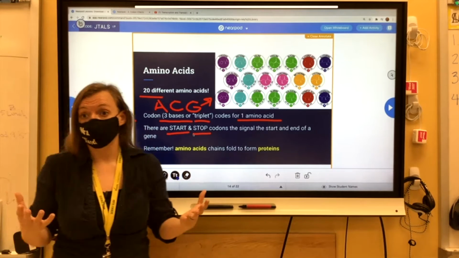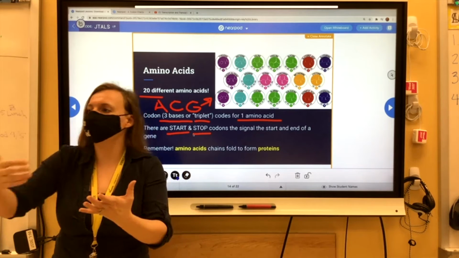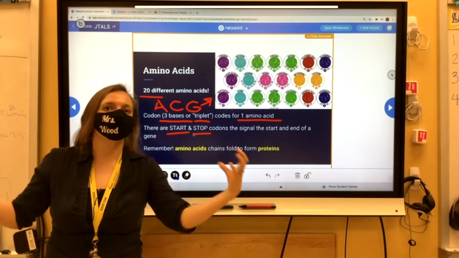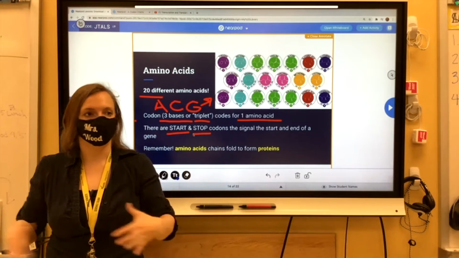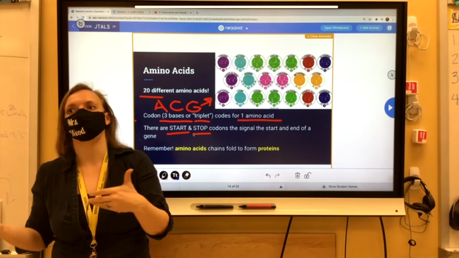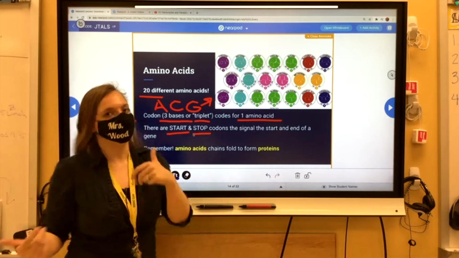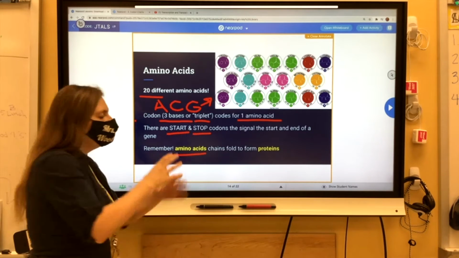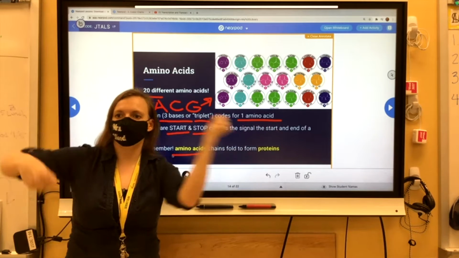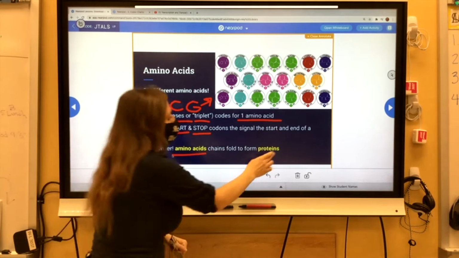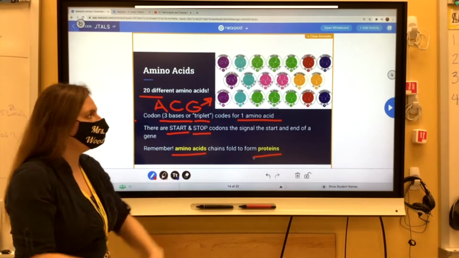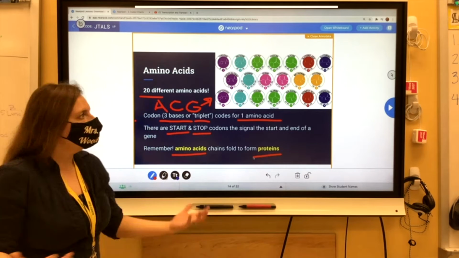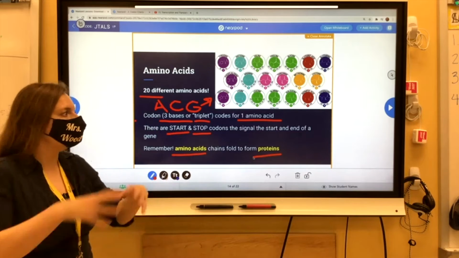So you're going to see that when we are decoding these pieces of mRNA, all right, or the message, you'll see a start and a stop, usually the beginning and the end. So again, remember, we take these amino acids, we form a chain of them, and then they fold up to form a protein. So we're trying to decode what each amino acid is in that protein.